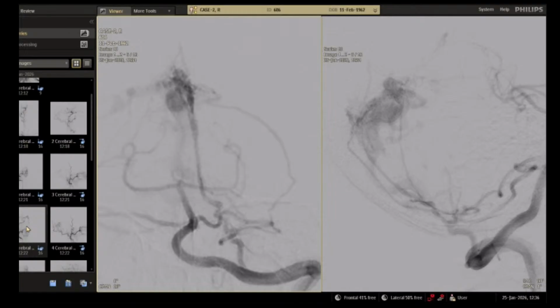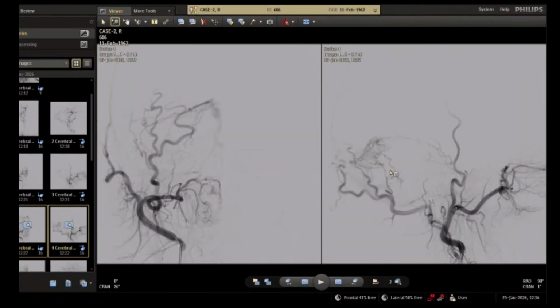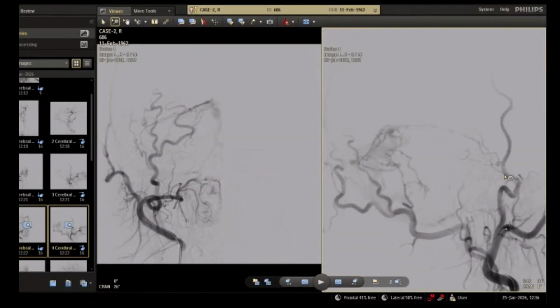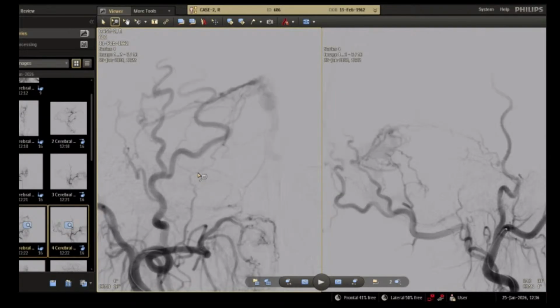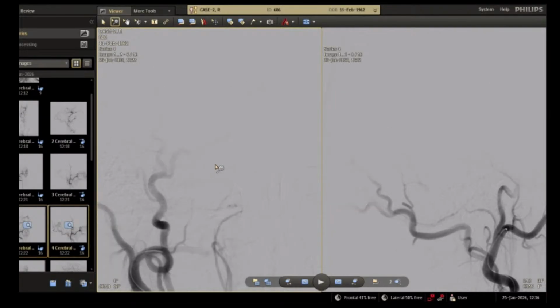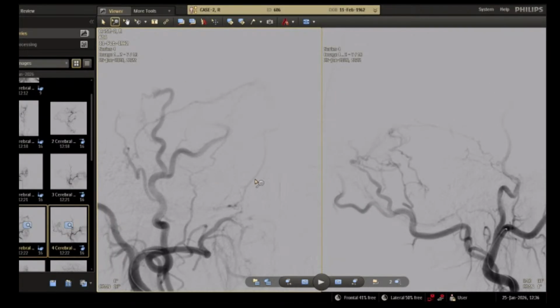Maybe it's better to go from the occipitals, and there is something like a meningeal. This one is meningeal. It's going here and then it's going there. It's really hypoplastic, huh?